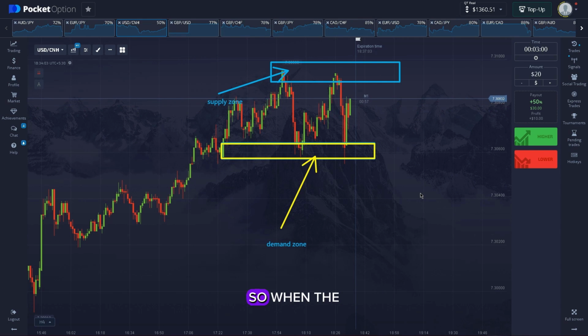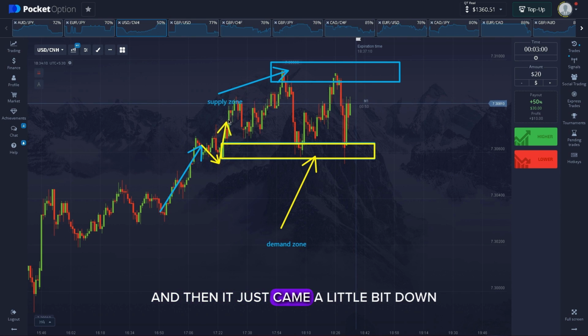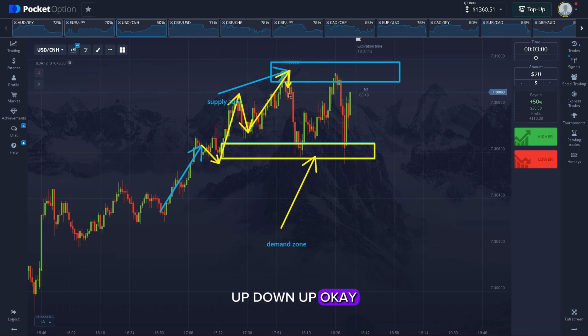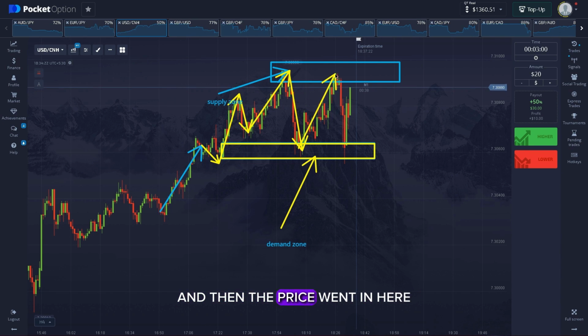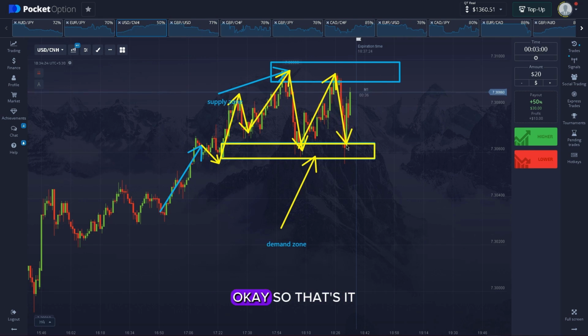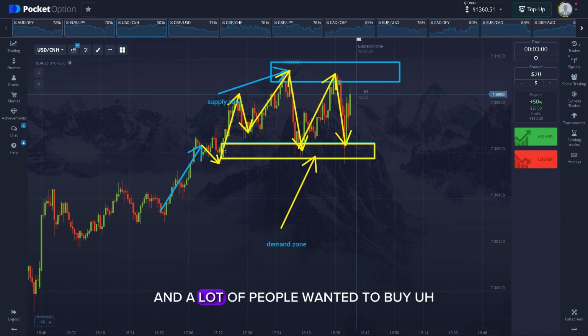Okay, so as you guys can see, the price went up, and then it came a little bit down, up, down, up. Okay, and then it came down here, and then the people just bought from this price, and then the price went in here, and then it went here. Okay, so let's say this is an iPhone. Here the iPhone pricing was like $1,000, and a lot of people wanted to buy the new iPhone.